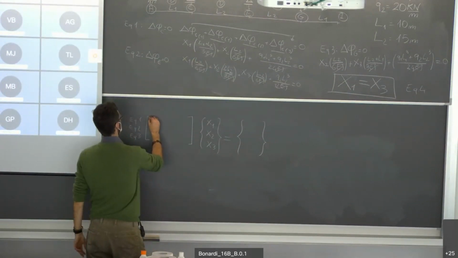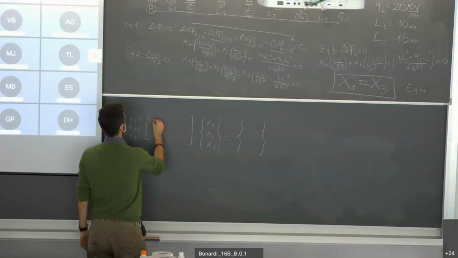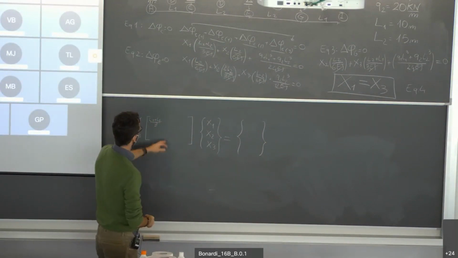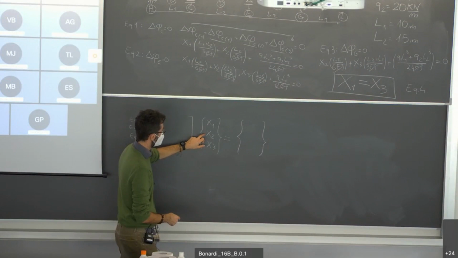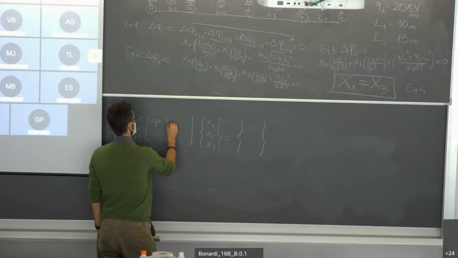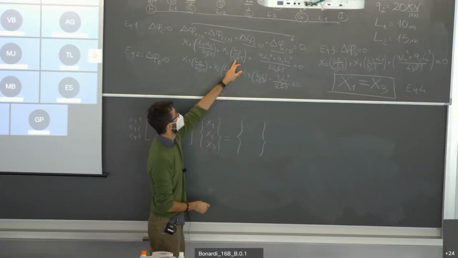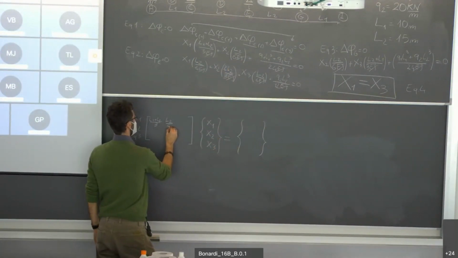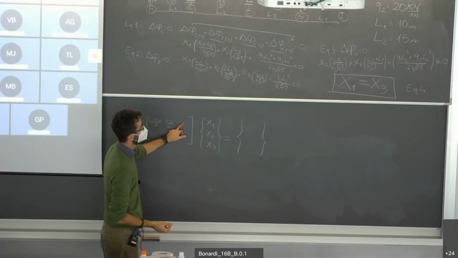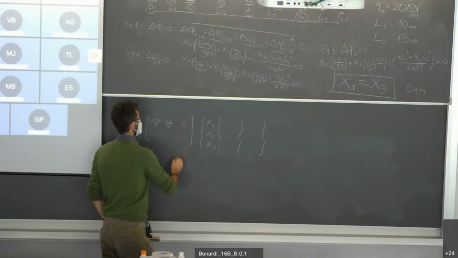So we put this L1 plus L2 over 3. Then the second unknown is multiplied times L2 over 6. x3 is multiplied times 0, because it does not appear.